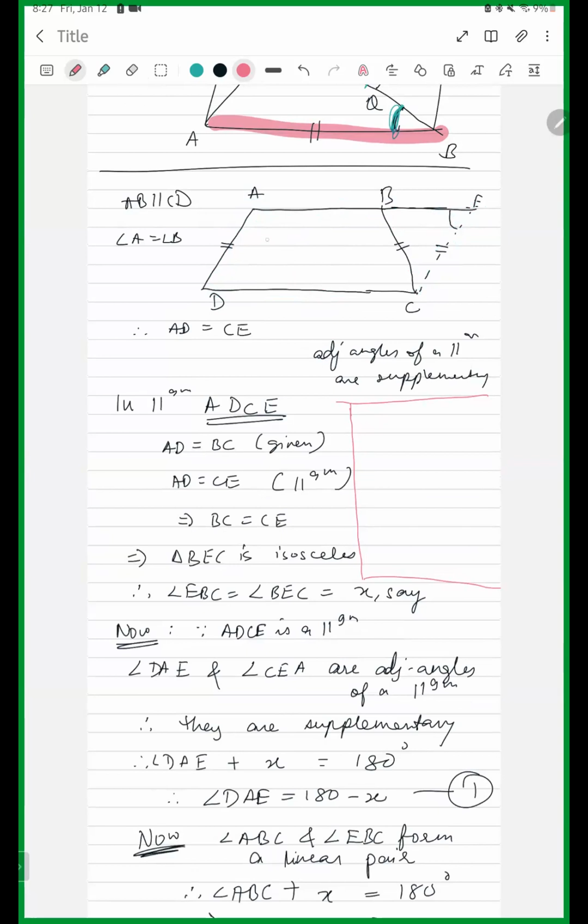So triangle ABC is here, and we need to show that this triangle is congruent to BAD, which is this triangle.